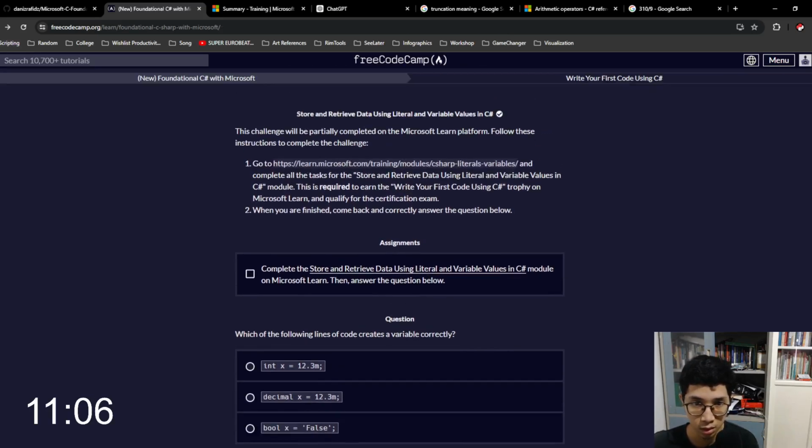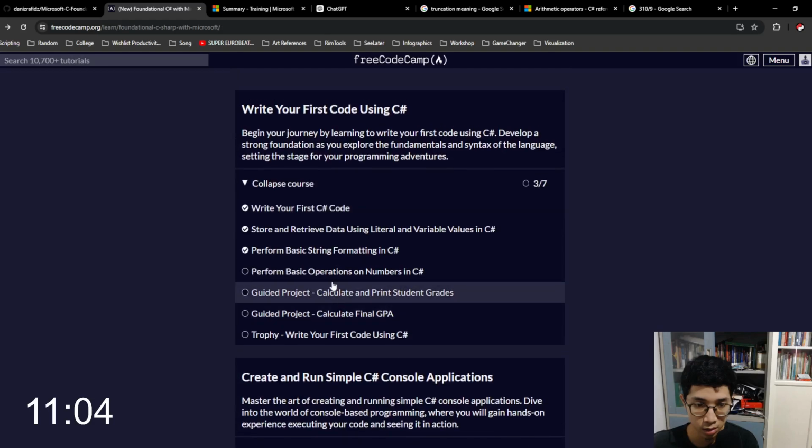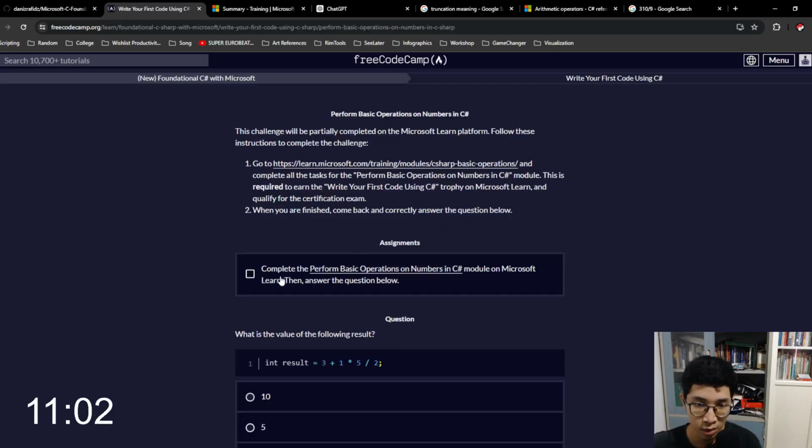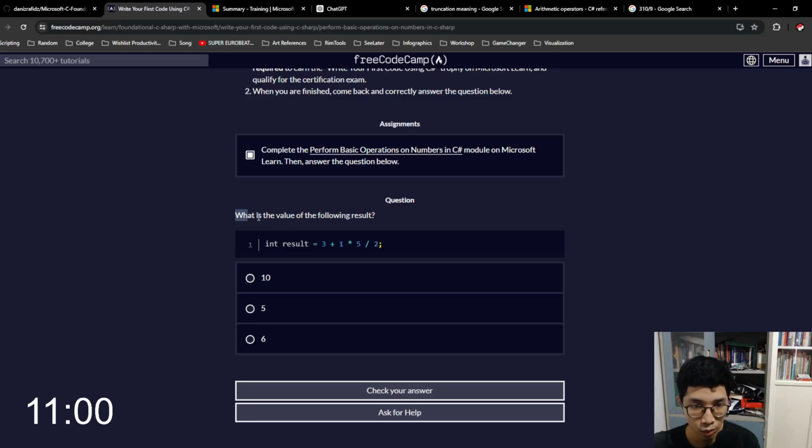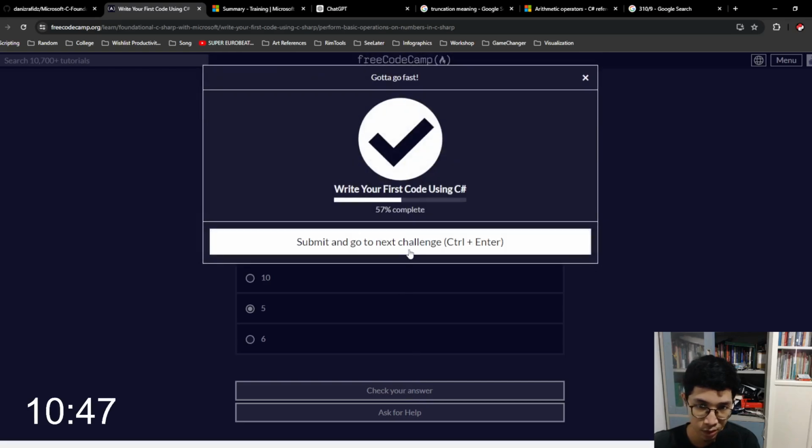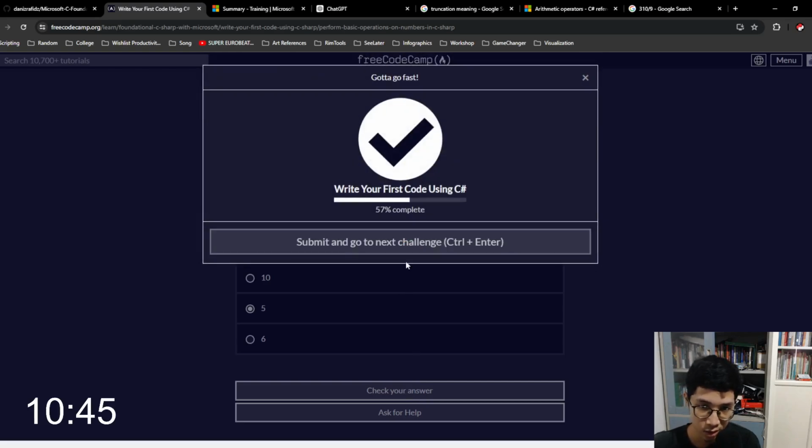Okay, I think perform basic operation. Okay, what is the value of the following result? 1 multiplied by 5 is equal 5, 5 divided by 2 is equal 2, 3 plus 2 is equal 5. Okay, check your answer. Yes, I did correctly.